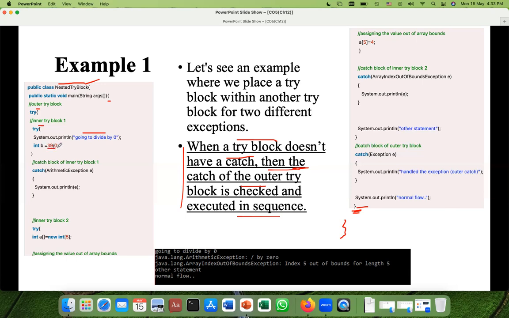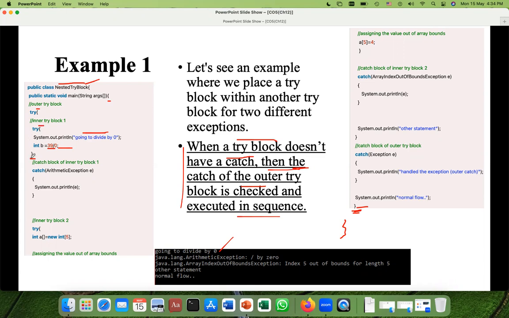So here an exception is occurring, and the exception is divide by 0. And this is the end of the try block. Before the exception occurs, this will be displayed on your screen, as you can see here, the first statement, going to divide by 0. So this is displayed. Now the exception occurred here in try block 2, so I will come out of this try block 2.